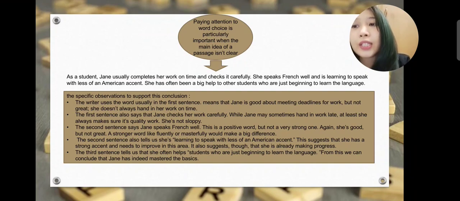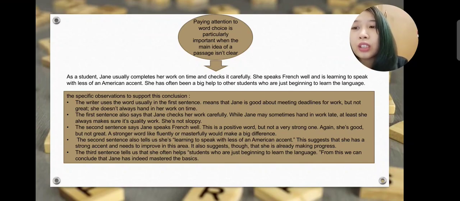Third, the second sentence says Jane speaks French well. This is a positive word, but not a very strong one. Again, she's good, but not great. A stronger word like fluently or masterfully would make a big difference.